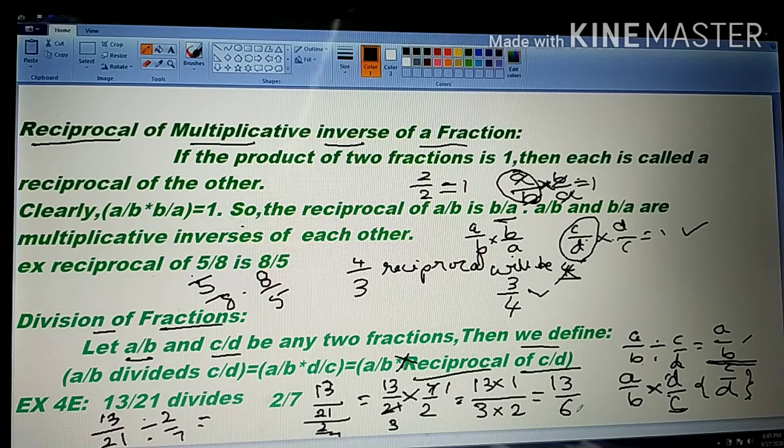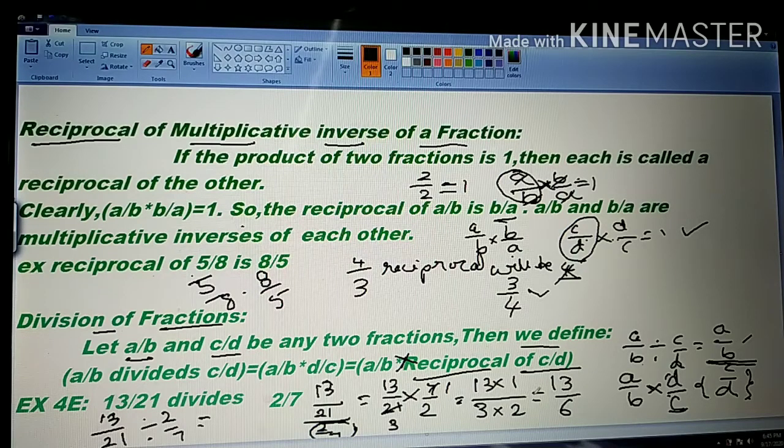Nothing else we are doing here, just writing whatever division they have given with the multiplicative symbol and the reciprocal of the denominator fraction. Whatever we have in the denominator now, the reciprocal of that fraction we write here with the multiplicative symbol.